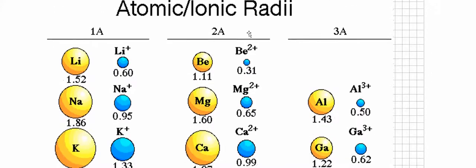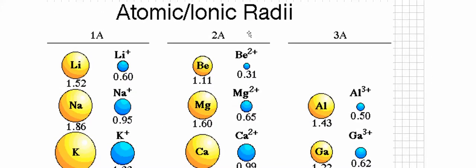So now that we've done that, let's compare atomic radius size. On the left side of the periodic table, atoms are going to tend to lose electrons. Lithium becomes lithium plus, sodium becomes sodium plus, and so forth. That happens in the second and third column as well. And atoms get smaller when they lose electrons, and we see that there.